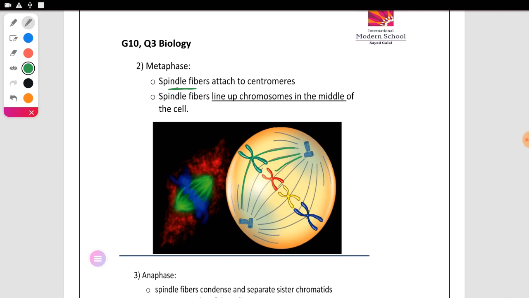They are attached to the centromere, okay? And here in the metaphase, you can see all the chromosomes are lined up in the middle of the cell, okay?